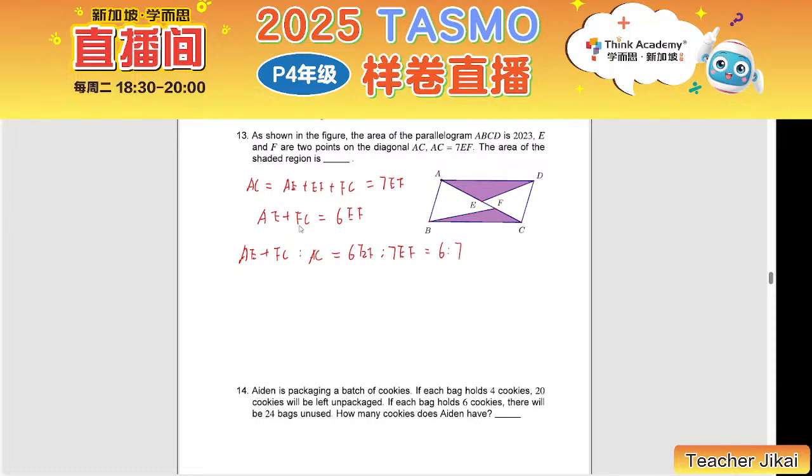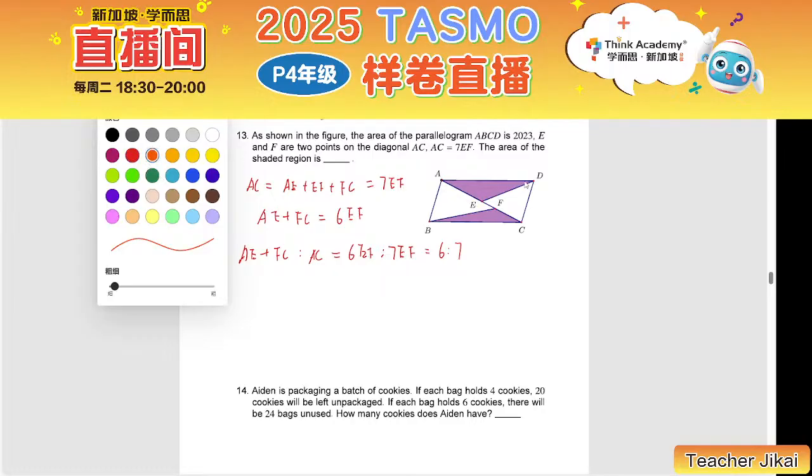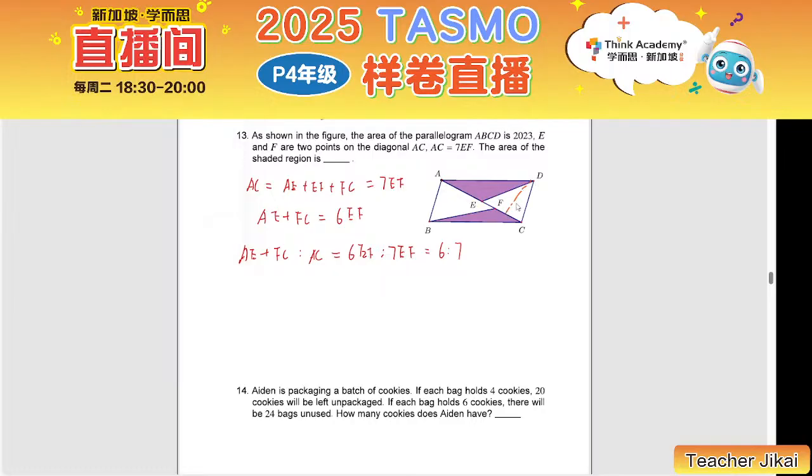So how about the shaded part? For the shaded part, you just use the base and height. You can see this is a height, right? We name it as H. This is also a height. Because it is a parallelogram, this is also H. So you can see the base here is AE and CF, and the height is H. How about the ADC here?